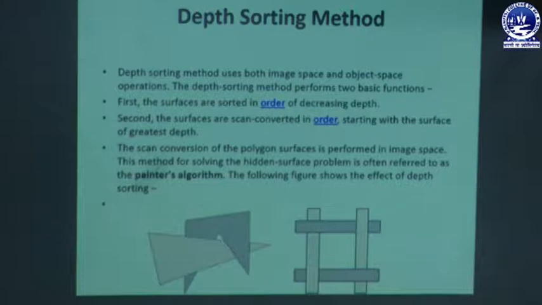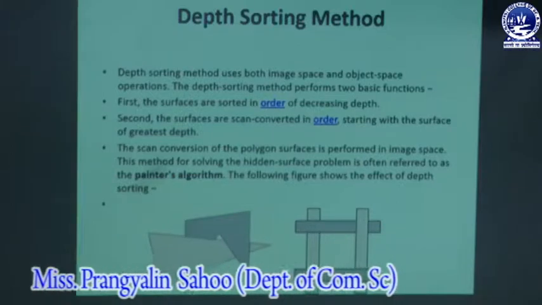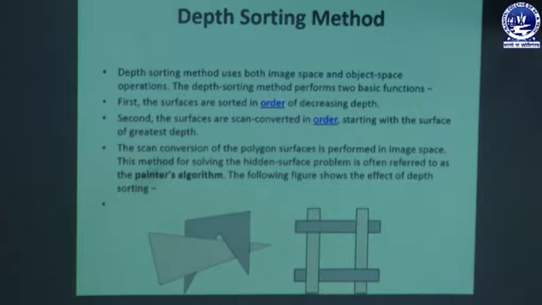When these two steps are performed, the scan conversion of the polygon surface is performed in image space, and this method for solving the hidden surface problem is often referred to as the painter's algorithm. These two pictures show how depth sorting is possible by sorting in order of decreasing depth and scan converting surfaces in order.